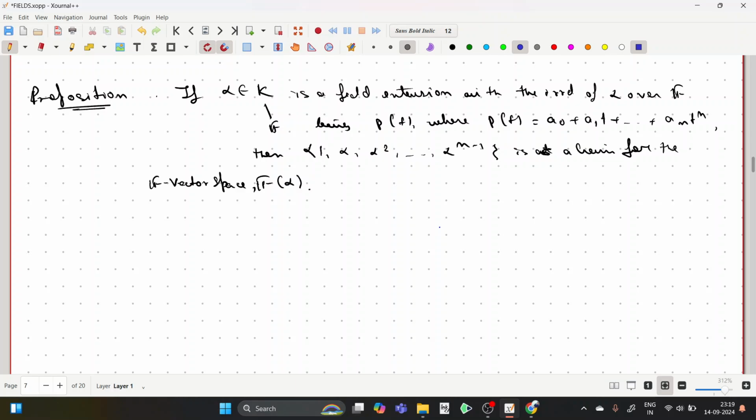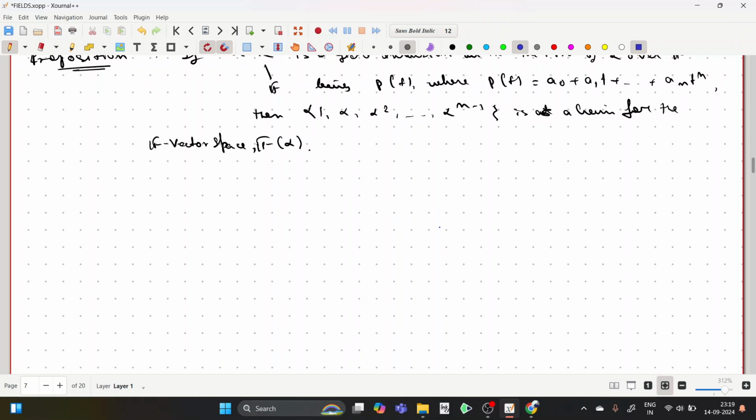observe that we already know the structure of F(alpha). So what is the structure of F(alpha)?